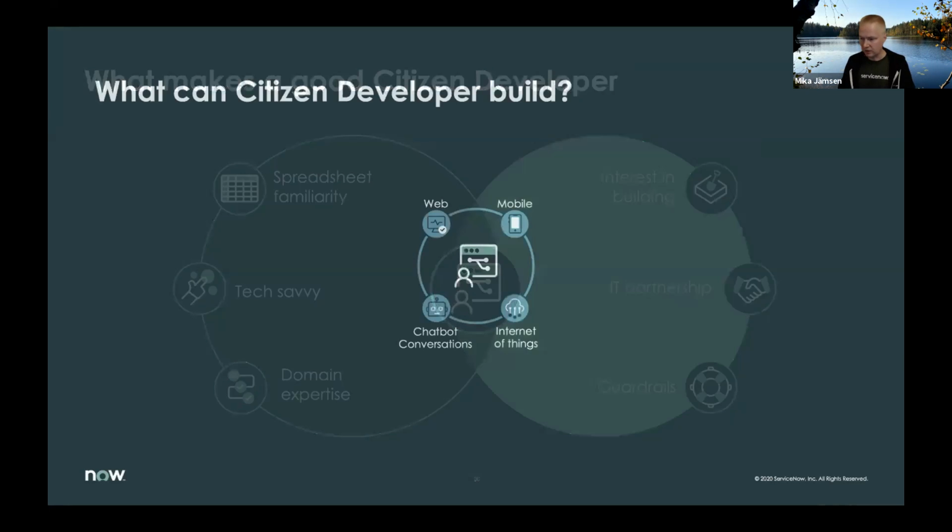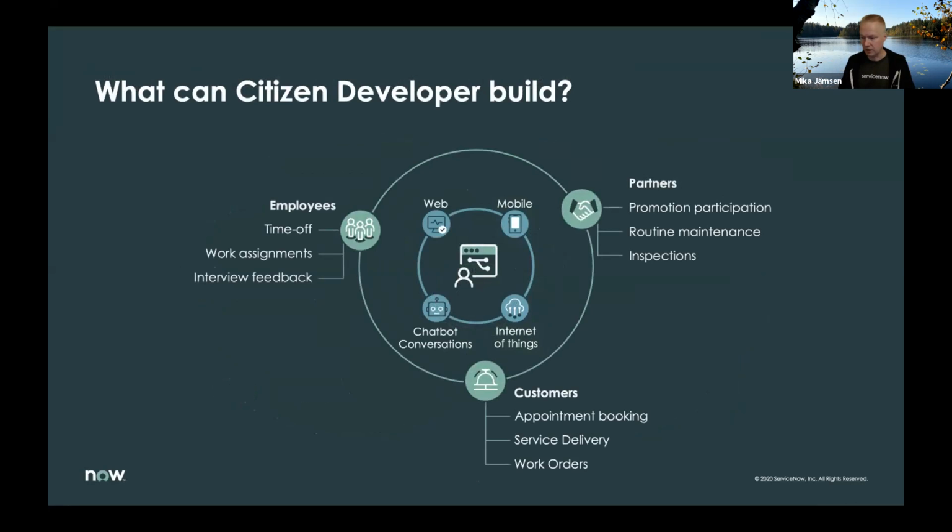But what is it that these citizen developers could then start building? It could be something for employees, just as an example here, time off requests, work assignments, interview feedback, just to give you a few ideas what these small applications could be. They could be towards your partner companies, like promotion, participation, routine maintenance, inspections, of course, depending on what kind of business you're in. It could be towards your customers.